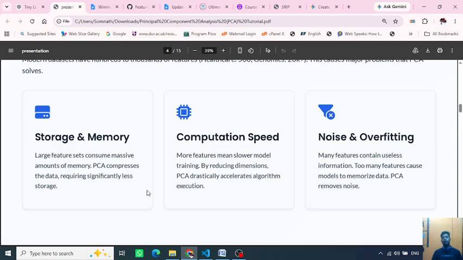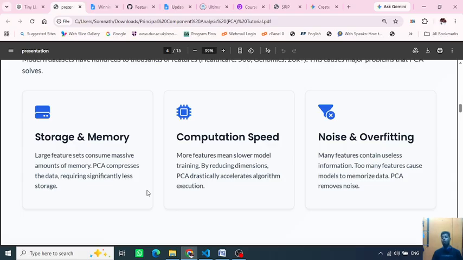That means it reduces the size of the data. Then computation speed: whenever you train your model, if there are more features, it slows down model training, right? PCA drastically accelerates execution because, as I said, it reduces the dimension.